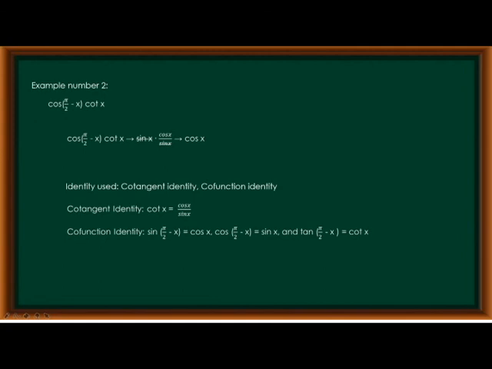So cosine of pi over 2 minus x times cotangent x is equal to sine x multiplied by cosine x over sine x. So then the next step we're going to do is to cancel out the sine x. So cosine x is the one that's left. So cosine x, this is the simplest form of this expression.